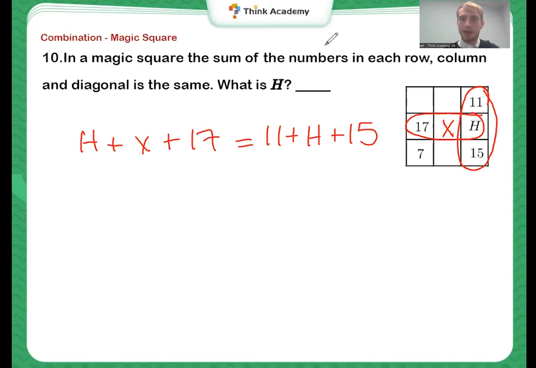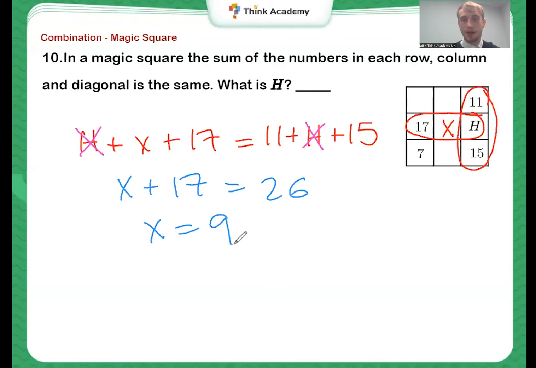They're both part of my equation, so I can take them away from both sides. Suddenly you're left with an equation which you do know how to solve. We've got x plus 17 is equal to 26, telling you that x must be equal to 9.